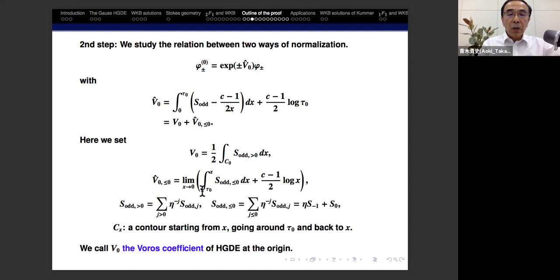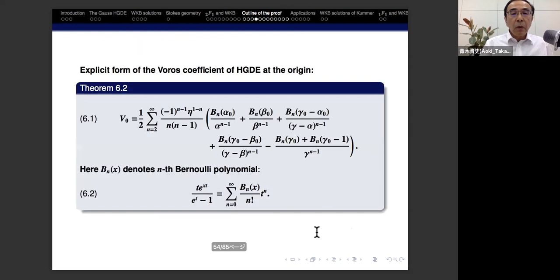Here, S odd positive and S odd negative are defined by this. That is, S odd positive is the negative power part of S odd with respect to eta, and S odd negative means the positive part of the powers of eta. Then we can compute the explicit form of the Voros coefficient in this form.